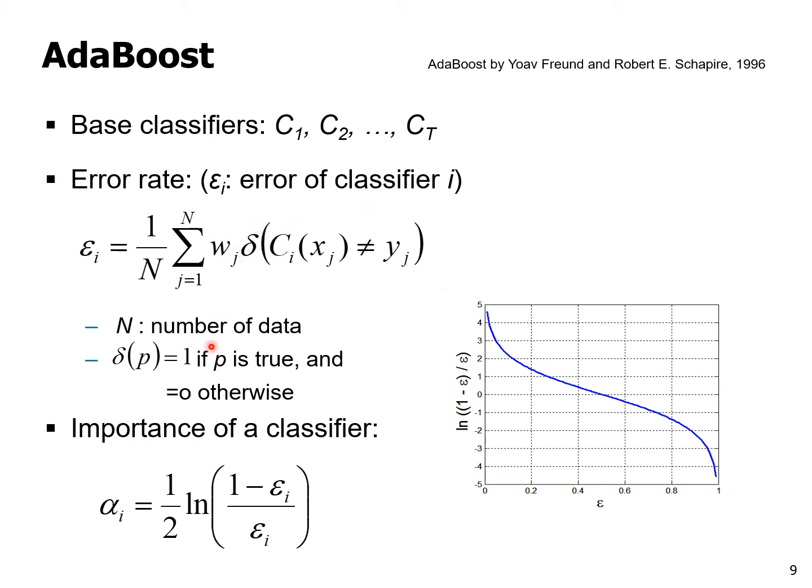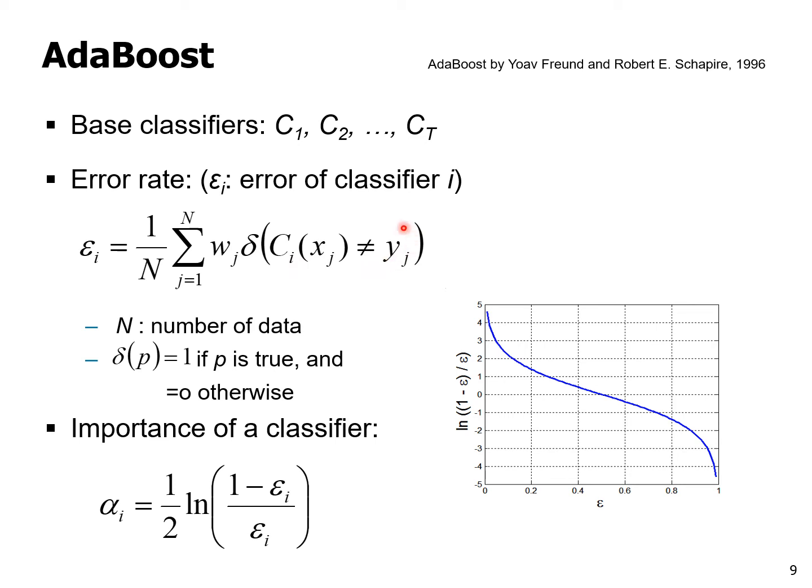And this delta is an indicator function. If the condition inside delta is true, delta returns 1. Otherwise it returns 0.